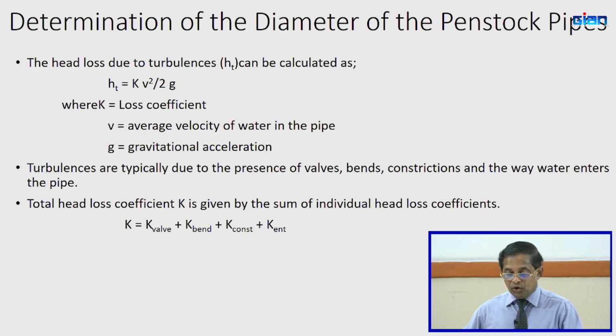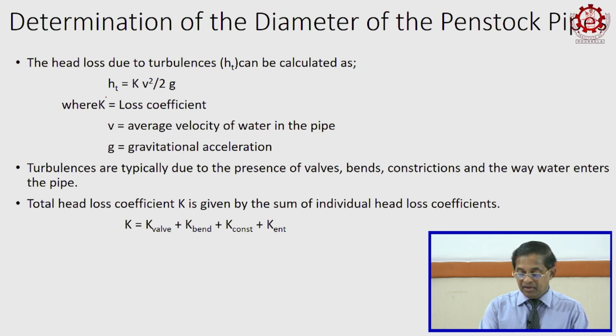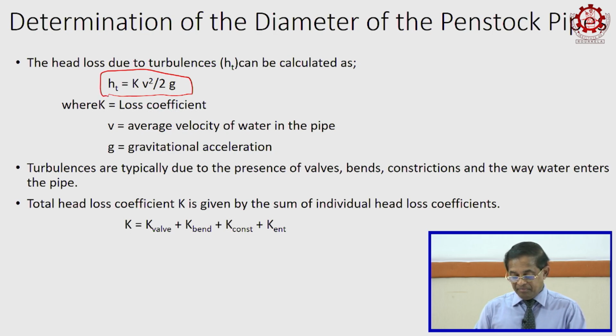The head loss due to turbulences can be calculated as K V squared divided by 2 g, where K is the loss coefficient, because different components will offer different turbulences.